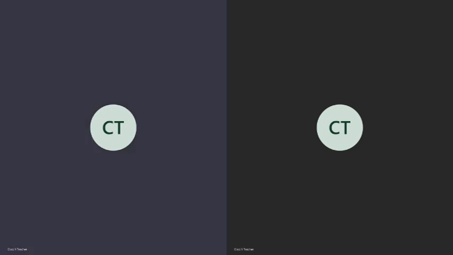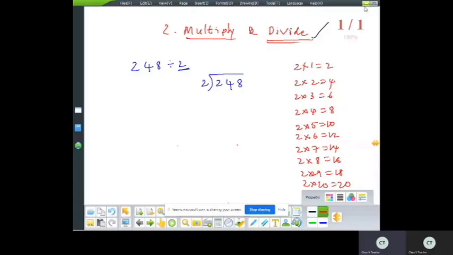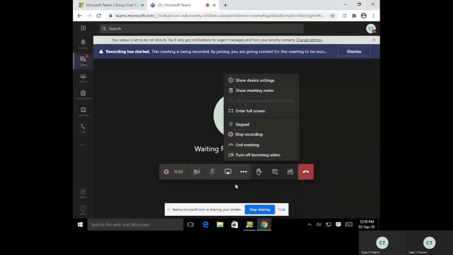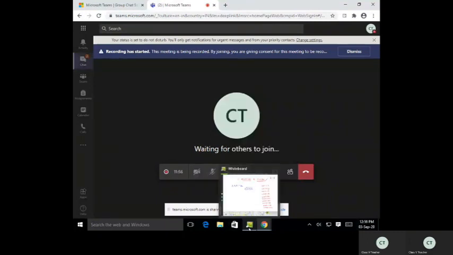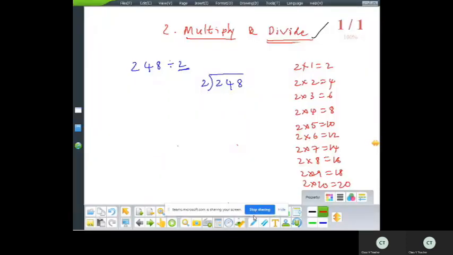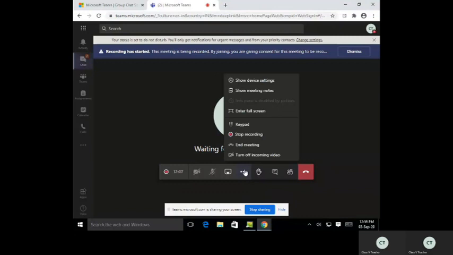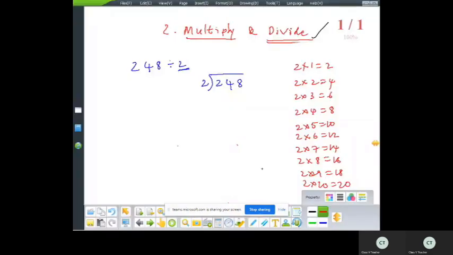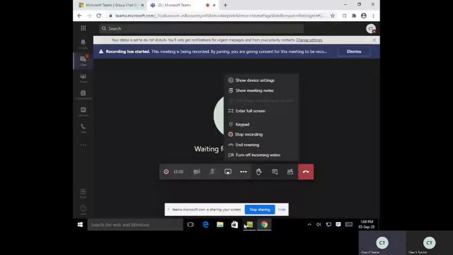248 divided by 2. See here, first one is 2. 2 ones are 2.